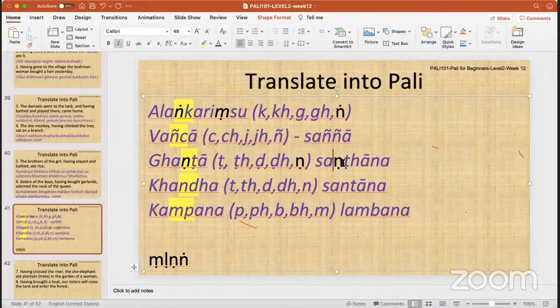I think that's important. And students also, at least you should know the grammatical rule here. That will be very helpful.